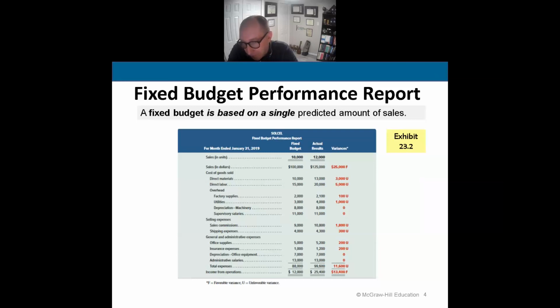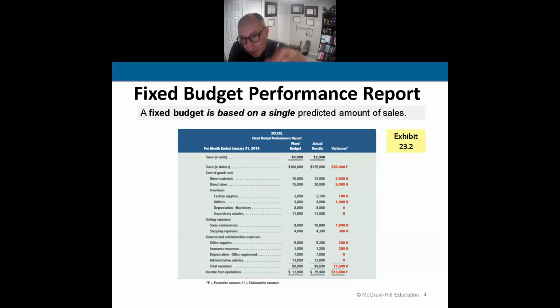It's unfavorable. The reason why it's unfavorable for expenses to be greater than the budgeted amount is because we went over the budget in expenses. Okay, your projected expenses. That's not a good thing to go over on expenses.